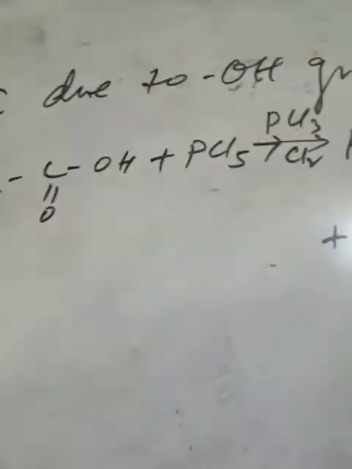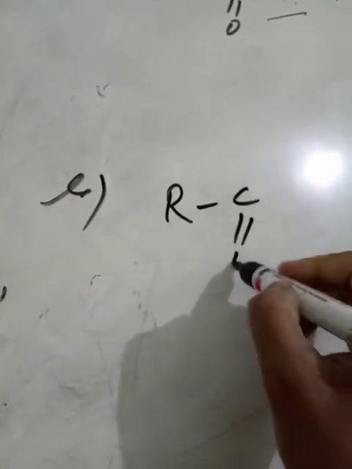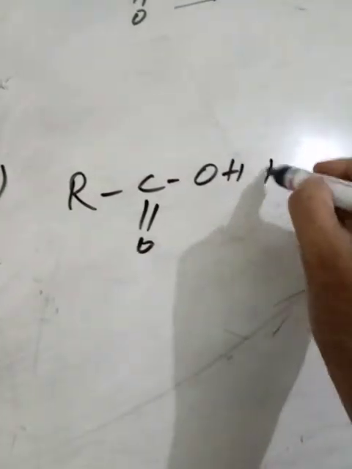This reaction is important. By this reaction you can show that the acid is a monocarboxylic acid, because from 1 mole of carboxylic acid you are getting 1 mole of HCl. So it is a monocarboxylic acid. Number B, the same type of reaction you can show by thionyl chloride.